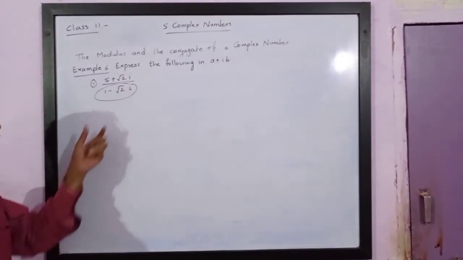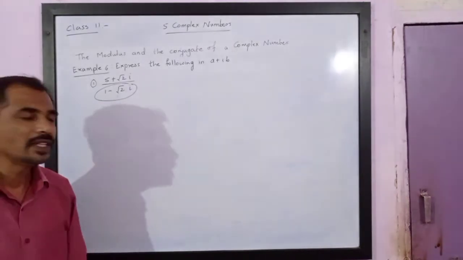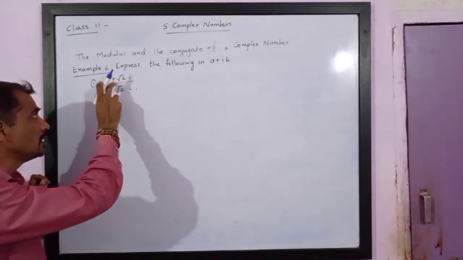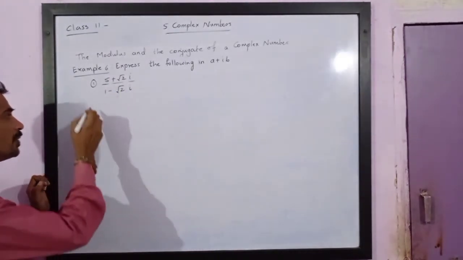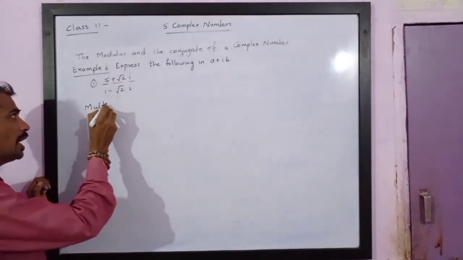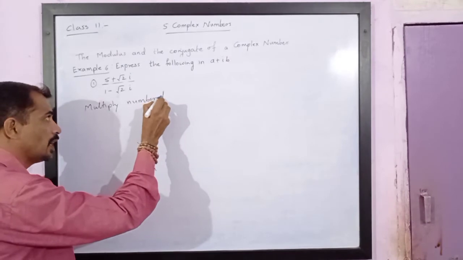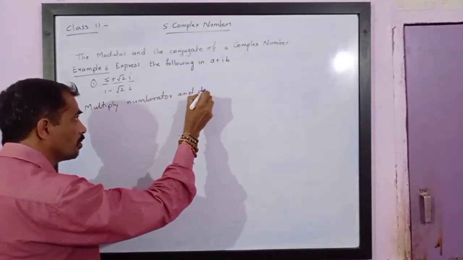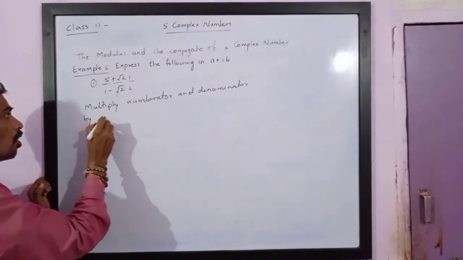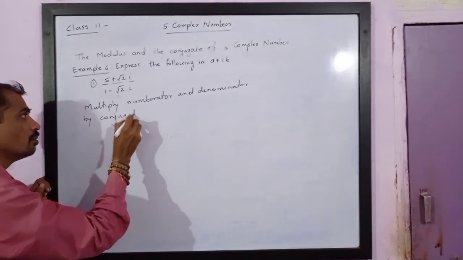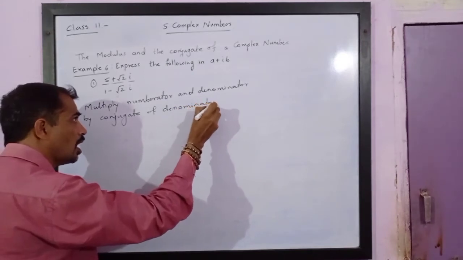Now in order to eradicate the imaginary number from the denominator, we need to multiply by its conjugate. So always remember, multiply and divide the given number by the conjugate of the denominator. So we multiply numerator and denominator by the conjugate of the denominator.